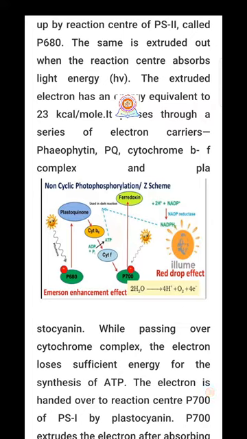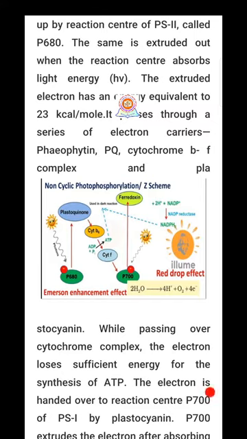When the electron is expelled from the reaction center by absorbing photon energy, that ejected electron is accepted by a number of electron acceptors, and at each electron acceptor the electron loses some amount of energy.